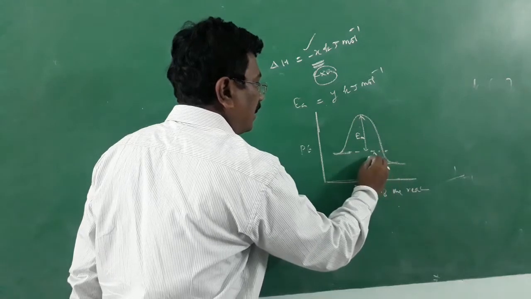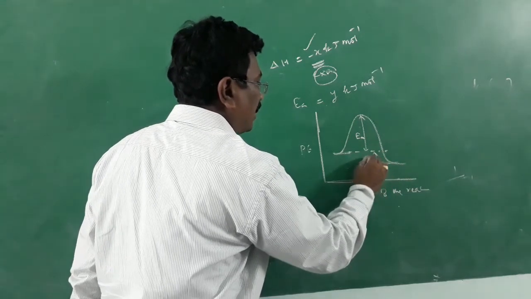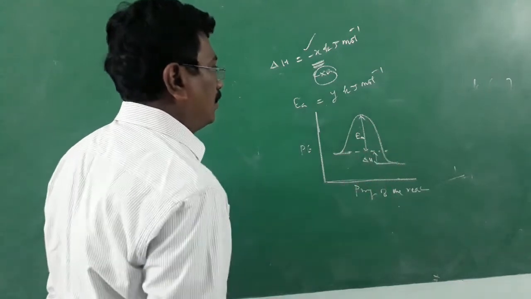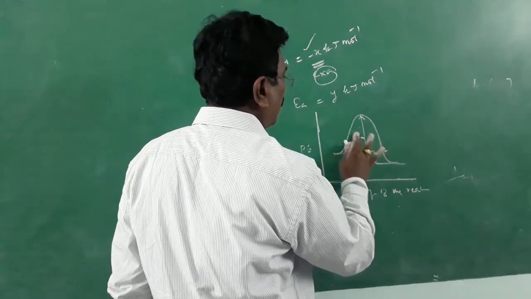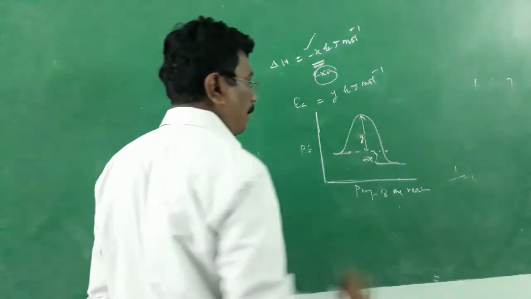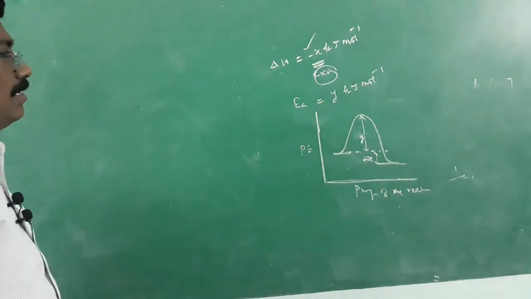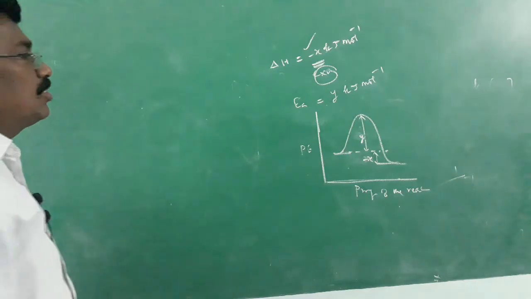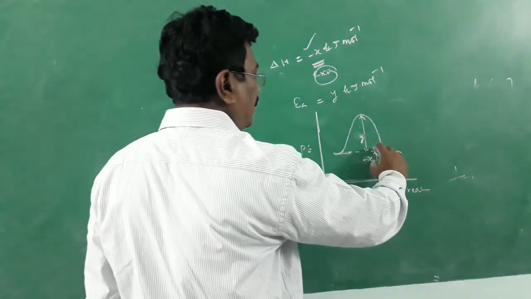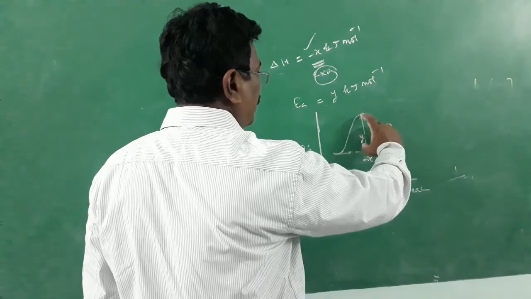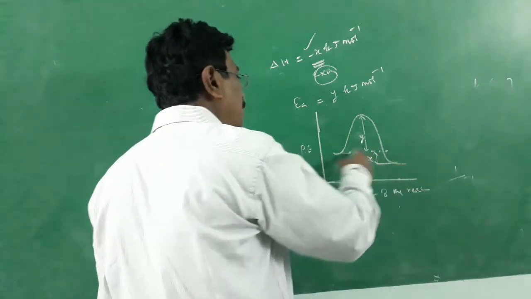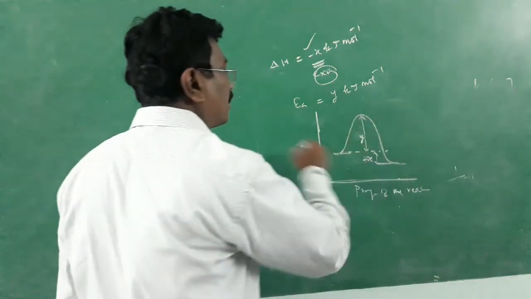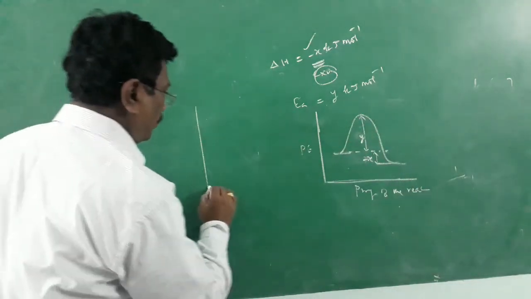This is delta H, enthalpy change. Energy is given out, which is given as minus x. It is minus x and it is y. Now the question is, this much, the difference is x. This height is y. Suppose if it happens to be a reversible reaction, reactant becomes product, product becomes reactant. The graph goes like this.